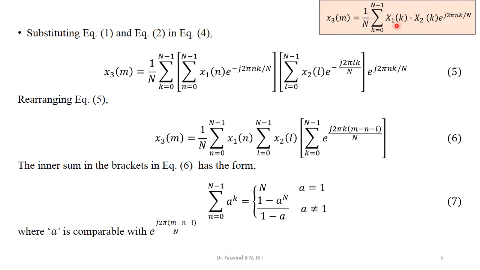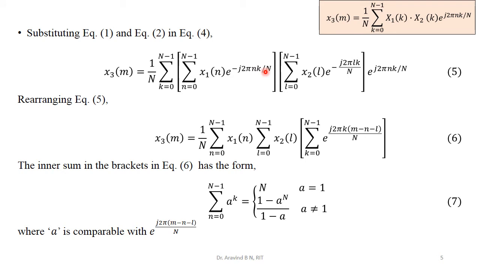Now substitute the expanded form of X1 of k and the expanded form of X2 of k in this equation, and we are going to get this equation 5. You can observe 1 by N summation k equal to 0 to N minus 1, same as per this equation up to over here. Then X1 of k we can write as summation n equal to 0 to N minus 1 x1 of n into exponential.